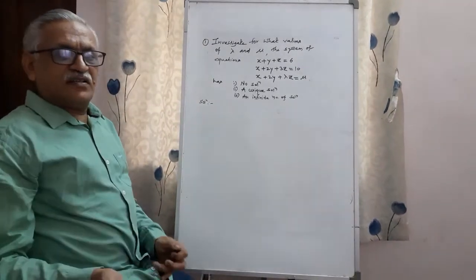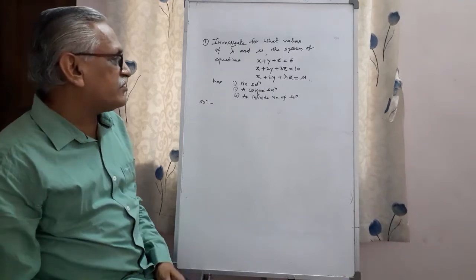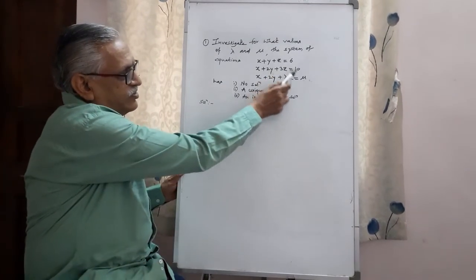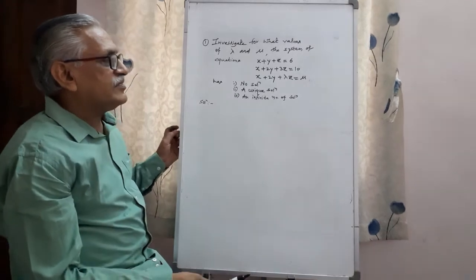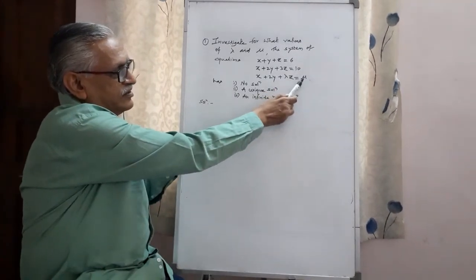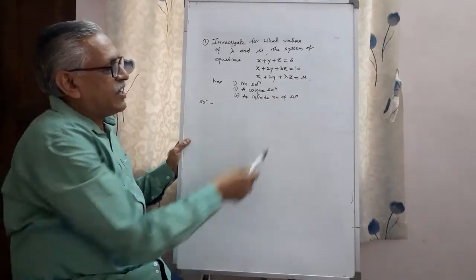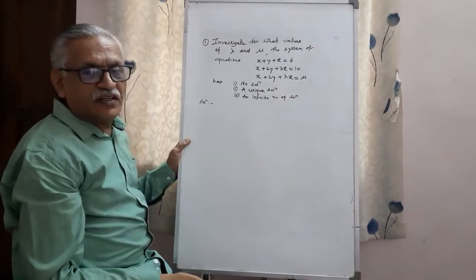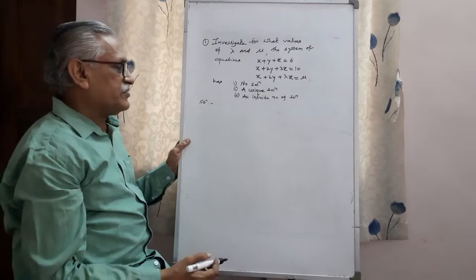This is the second type of problem that may be asked. If you observe the values on the right-hand side, 6 and 10 are non-zero, and this mu we are required to obtain. Therefore, as these two are non-zero, its type is non-homogeneous.